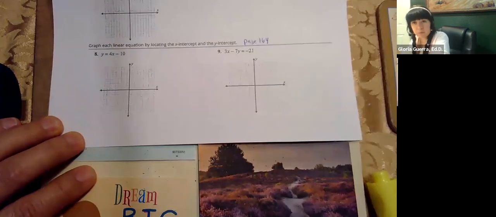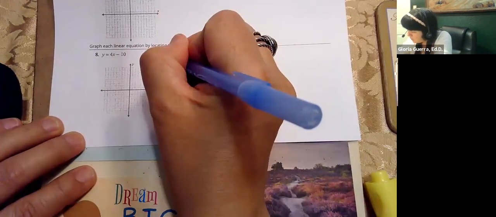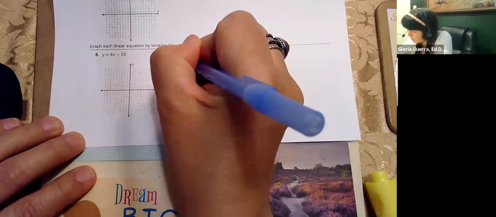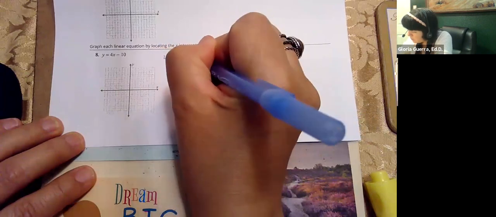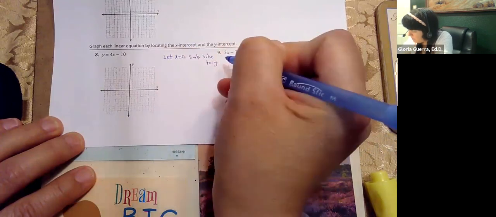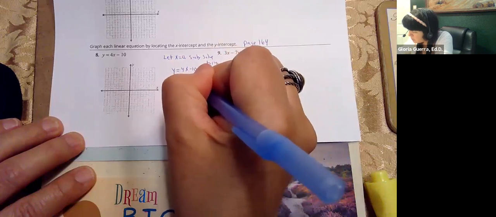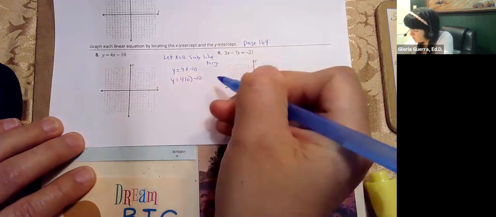If on your paper, when you do your homework, you don't do the table, you could say, okay, I want to let x equal 0, and then I'm going to substitute and solve for y. So y equals 4x minus 10, and everywhere you have an x, you substitute a 0.